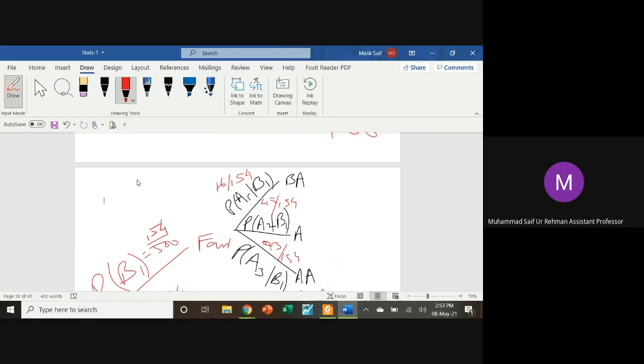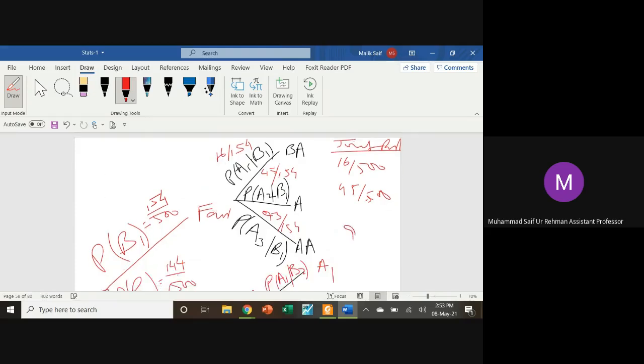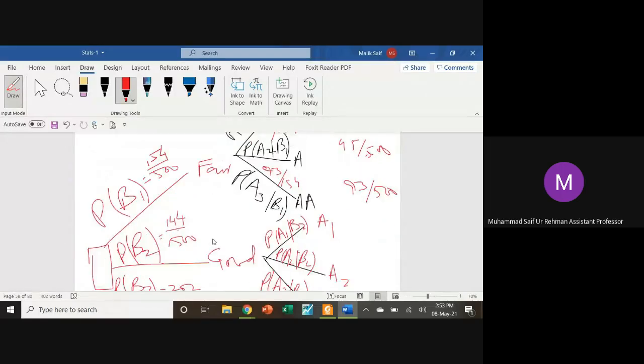You will write down the giant probabilities completely. 16 by 500. Then 45 by 500. You will properly multiply. I'm just doing it verbally because I am not working on the whiteboard.